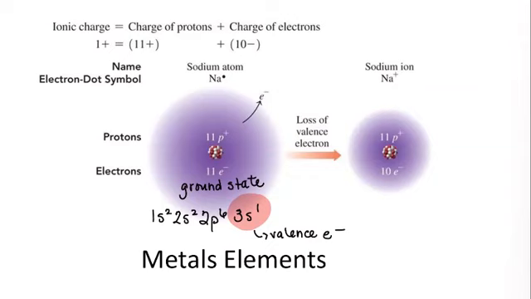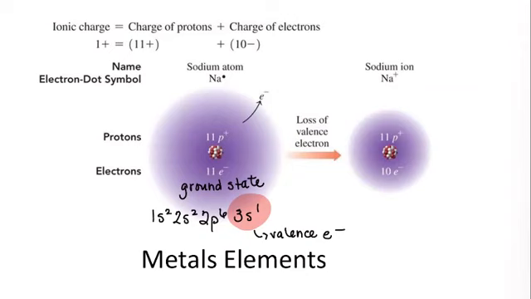Sodium has the ability to lose that valence electron and give it to whatever nonmetal it is paired with. Once sodium willingly gives that electron, all of a sudden it becomes the sodium ion.